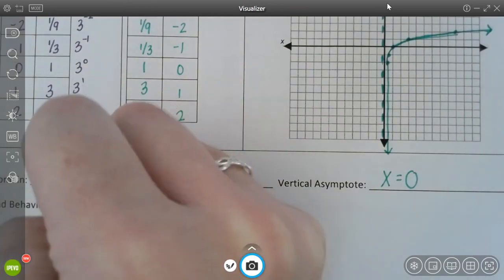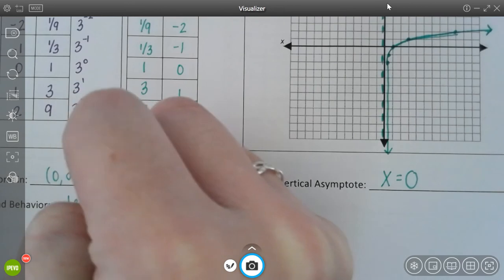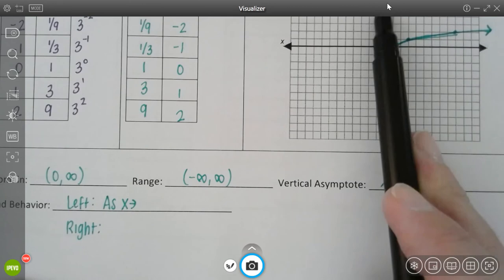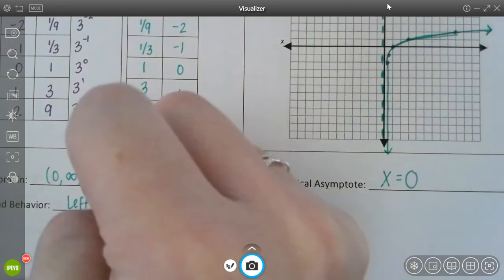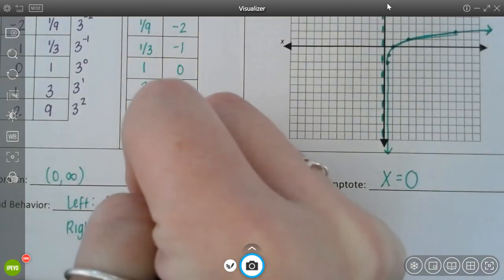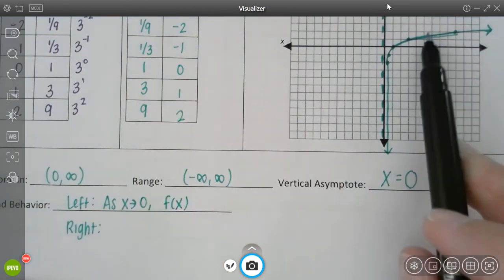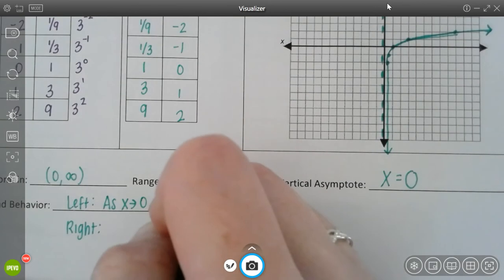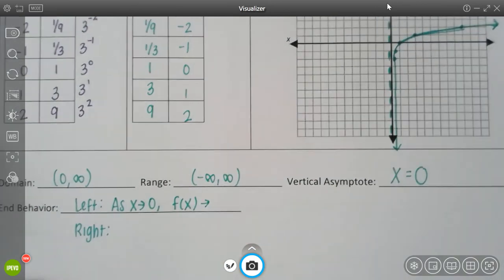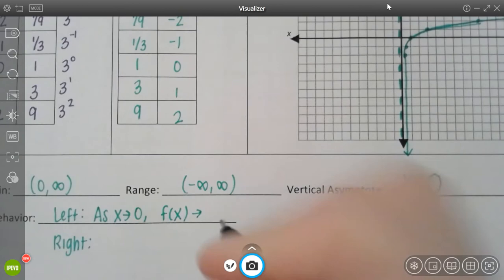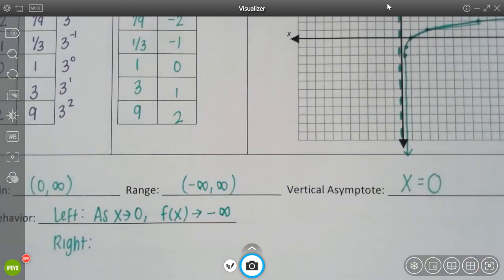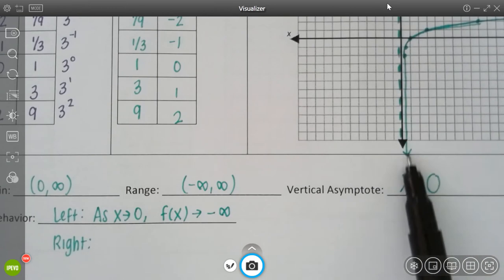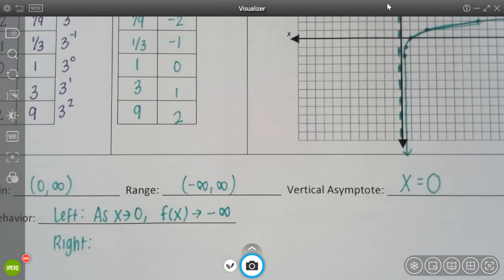We want to say as x is approaching our asymptote, which is 0, because that's the x value we're getting really, really close to, what's the branch doing? Negative infinity. So on the left side of our graph, x is approaching 0 and our branch is going down, approaching negative infinity.